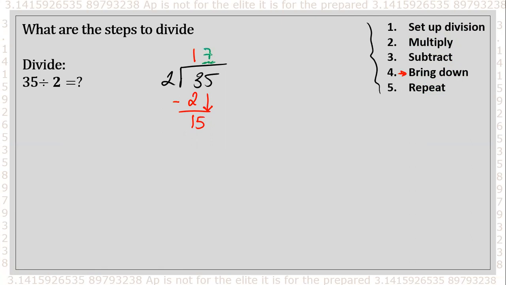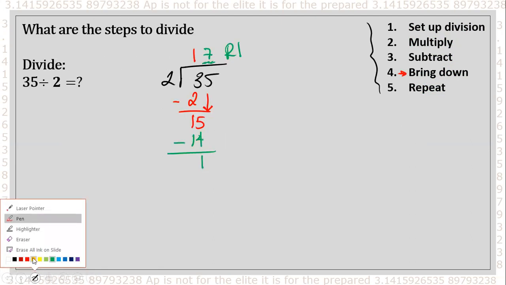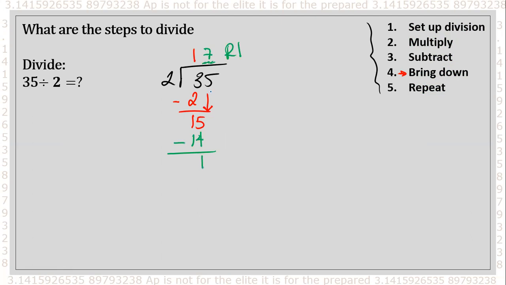Hopefully you're able to see that 2 times 7 is 14. And if I subtract it, I get 1. So I get a remainder of 1. Or if you want to continue, simplifying it, we put a decimal. We drop a 0 down. And we get to see that there will be a 17.5 as our solution. Or 17 with a remainder of 1.